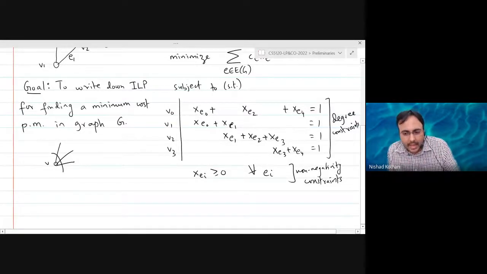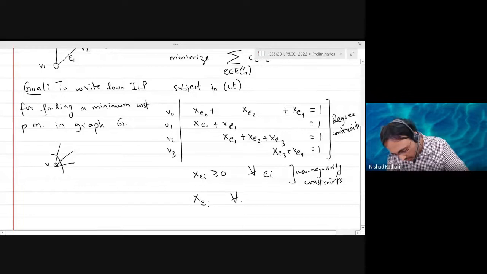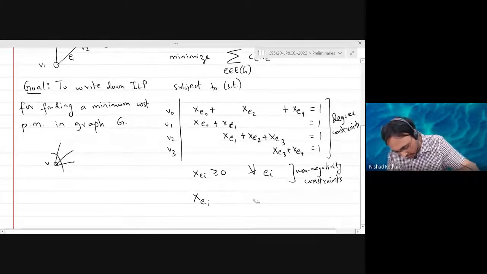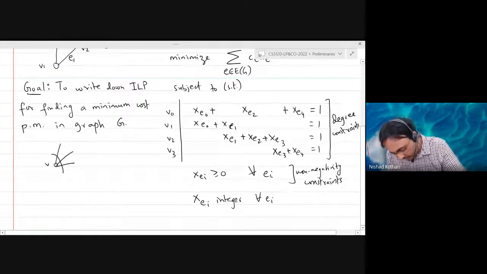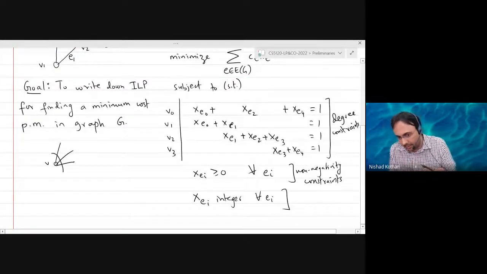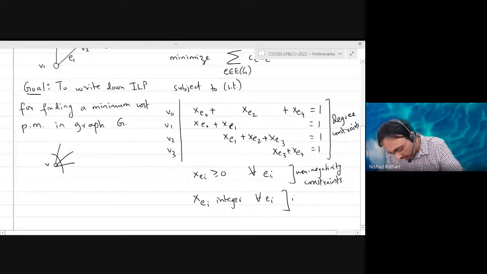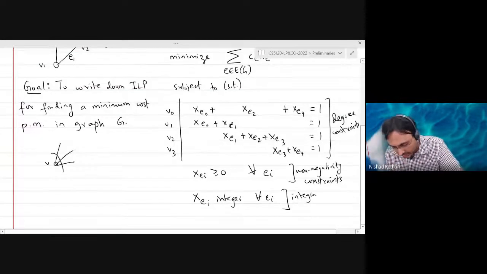And finally, because we are writing an integer linear program, we also have the integrality constraints. We want each variable to be an integer. Such constraints will only appear in integer linear programs. You can't have these constraints in linear programs, and these will be called integrality or integer constraints.